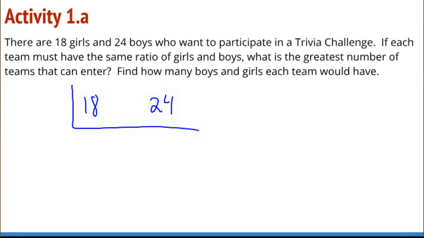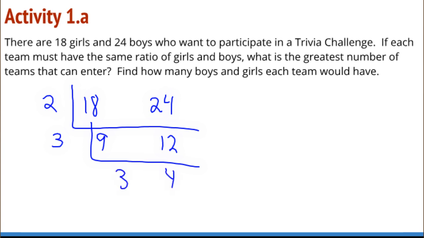So we'll use the greatest common factor for this. So we will divide out, well, these are both divisible by 2, 9 and 12, and those can both be divided by 3, which leaves me 3 and 4. And I see that we have 6 teams.